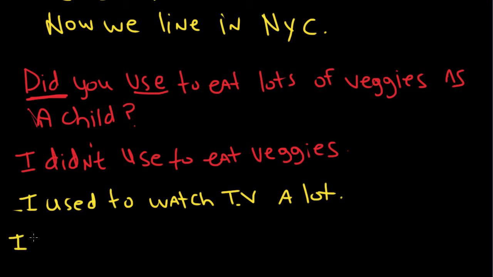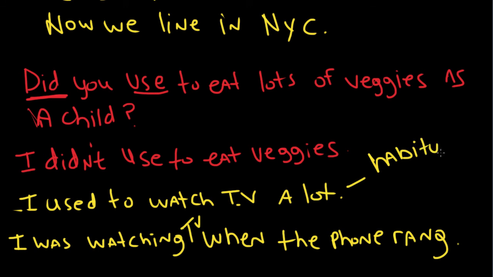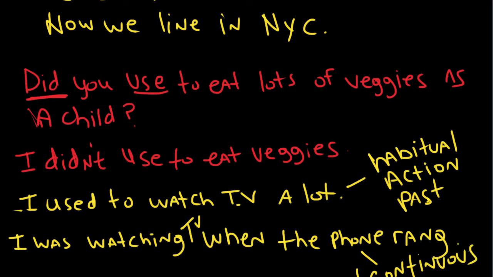However, I was watching TV when the phone rang. The first action was a habitual action in the past. This action was a one-time action, but a continuous action in the past. But it wasn't habitual.